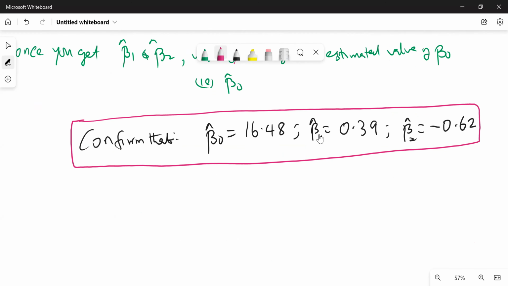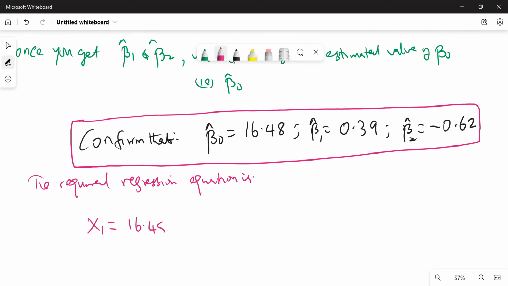So in that case, the regression equation is x1 is equal to 16.48 plus 0.39x2 minus 0.62x3. And of course, this is an estimated value, so you put a hat on top of x1. The estimated value of x1, or the predicted value of x1, is given by this equation.